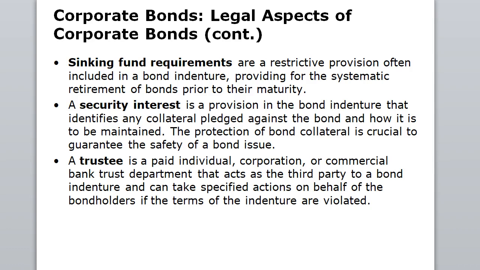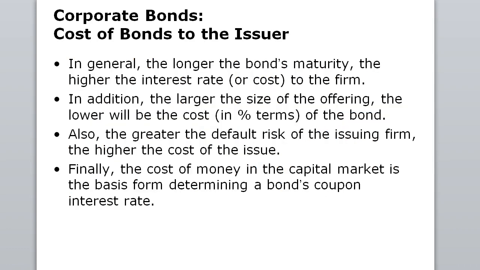Security interest is a provision in bonds that identifies any collateral pledged against the bond and how it is to be maintained. And the trustee is a separate individual that will act as a third party for the bond and can take specific actions on behalf of bondholders when the bond specifics are violated.